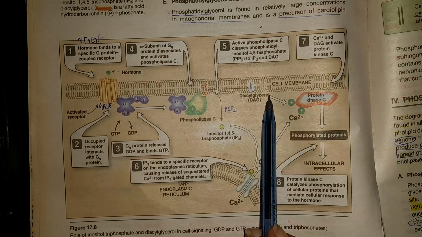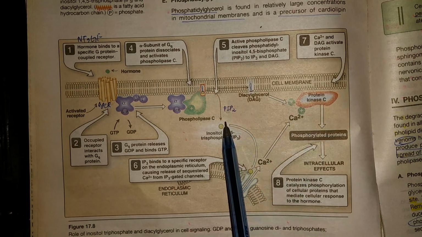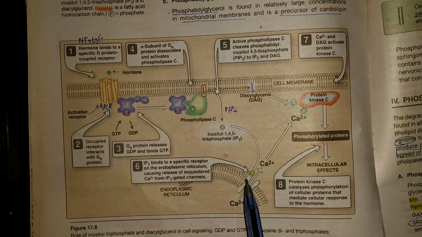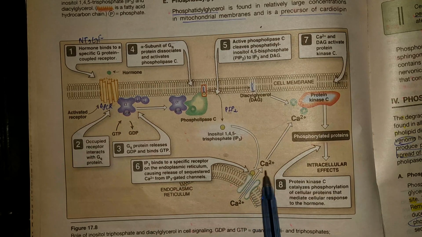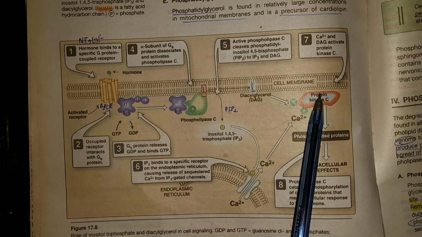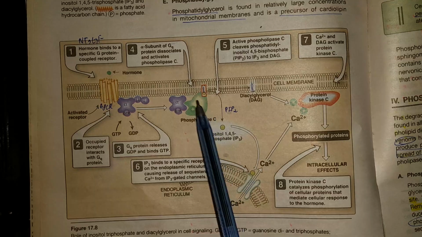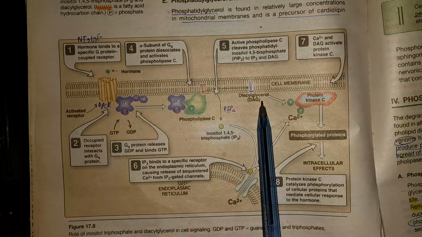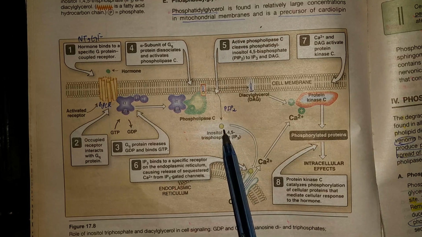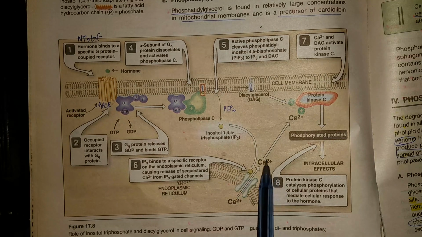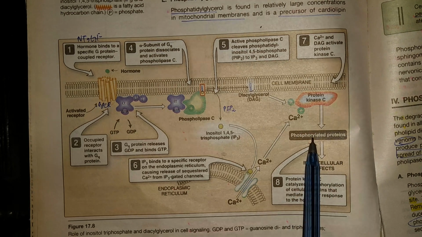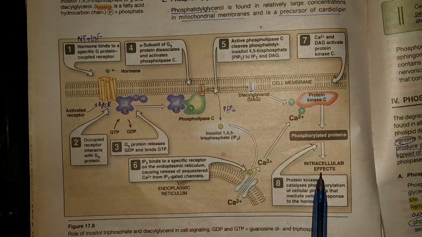Now this diacylglycerol activates the protein kinase C through direct reaction, or the inositol triphosphate or IP3 goes into the endoplasmic reticulum, causes the calcium channels to open, the calcium is released, and this calcium activates the protein kinase C. So this phospholipase actually makes a dual activation for the protein kinase C, one through the diacylglycerol directly, the other by the inositol triphosphate, which activates the calcium channel and in turn activates the protein kinase C. This protein kinase C is going to do the phosphorylation of the proteins and produce intracellular effect.